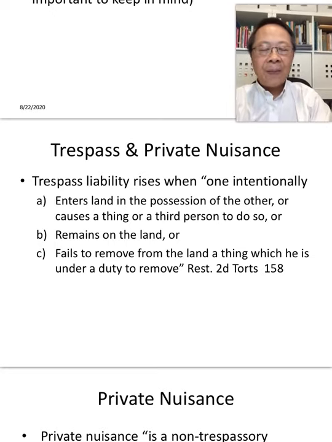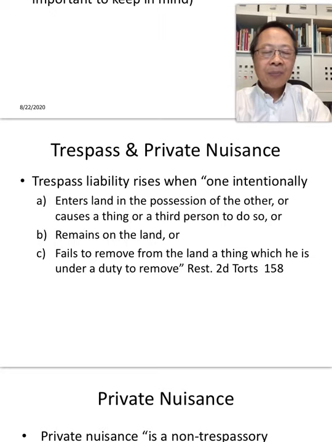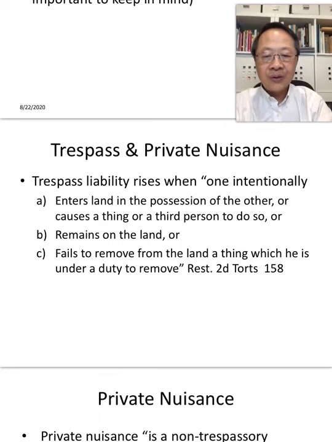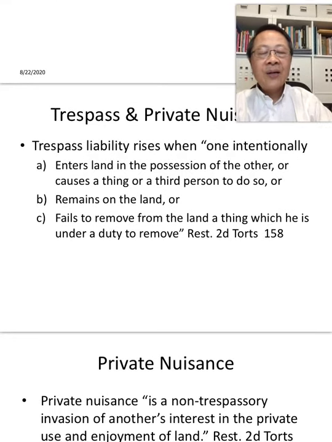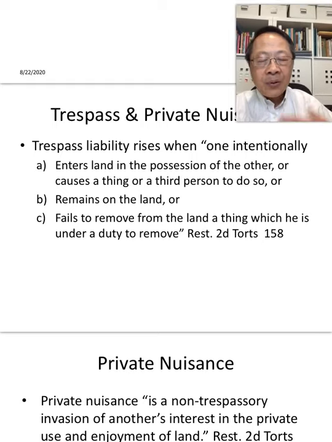Essentially, when somebody intentionally enters another person's land or puts something onto another person's land, where the other person essentially has ownership and therefore the right to exclusive possession and the right to exclude everybody else, your entering is a trespass because it violates that right to exclusion. As I said, it includes both entering as a person or leaving or putting something there.